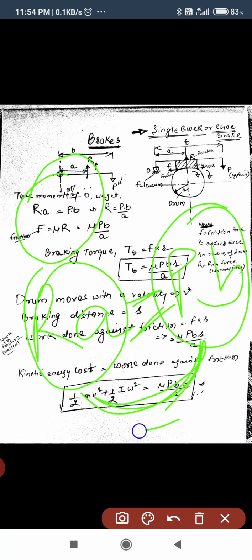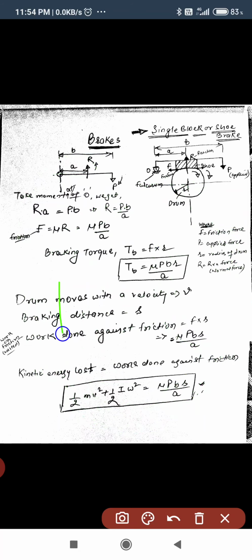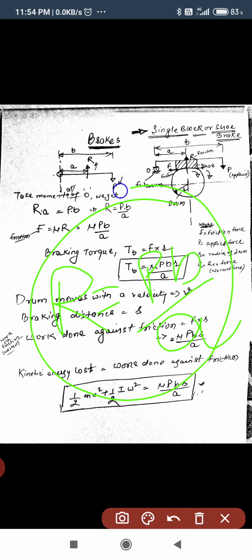This we get from the moments about point O. So the value of R is PB by A. By shifting this, we get the reaction force R.